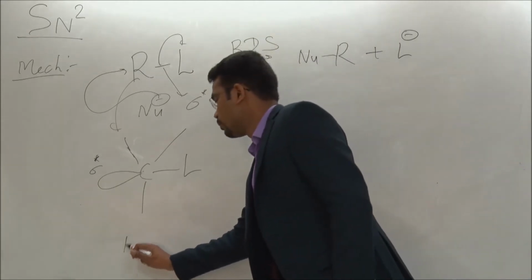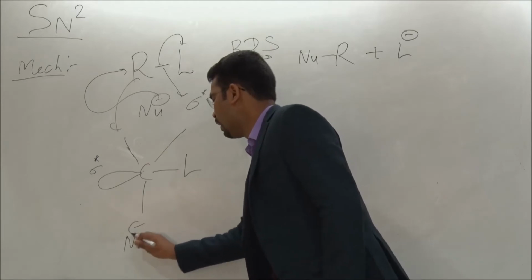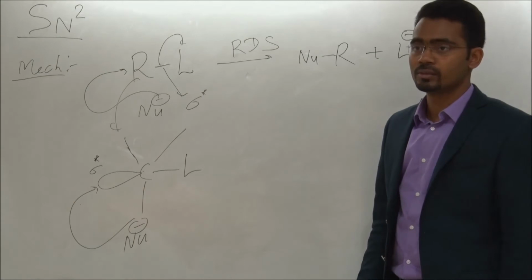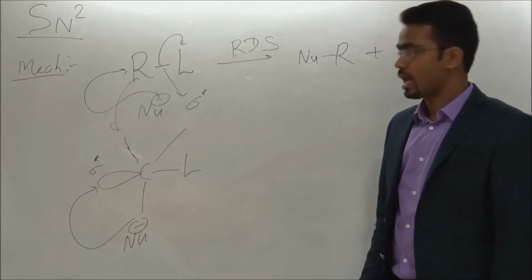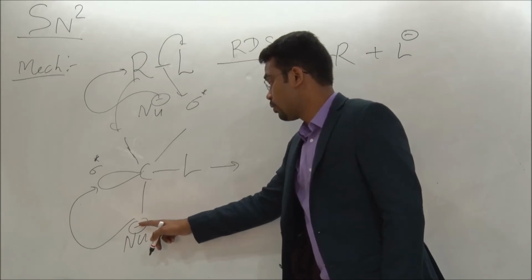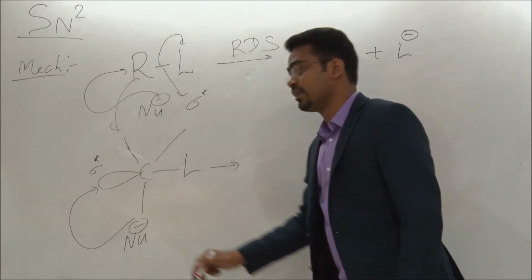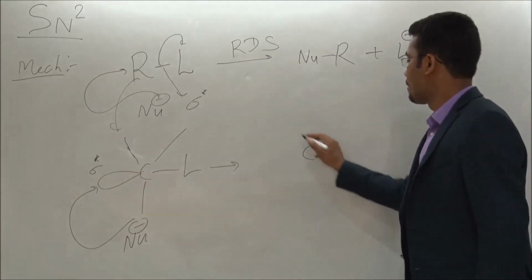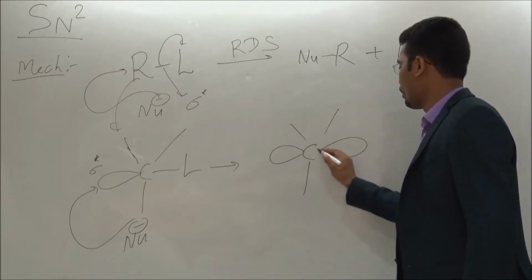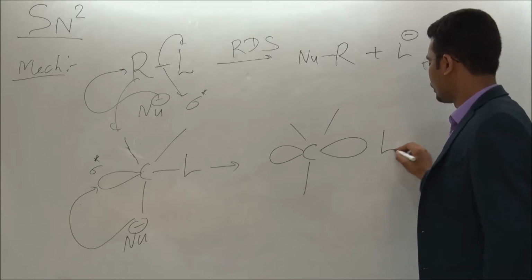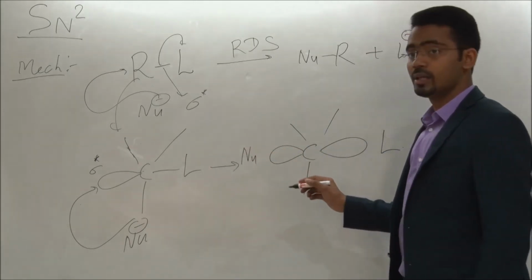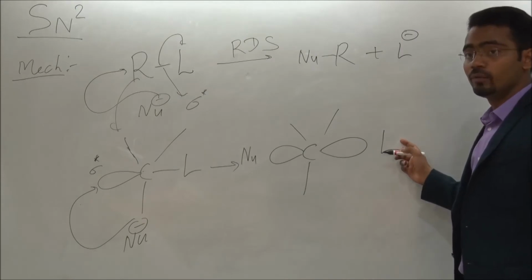Now the nucleophile will attack in this anti-bonding orbital, and when electrons go into this orbital, at that time, see here, this is the nucleophile and this is the leaving group.